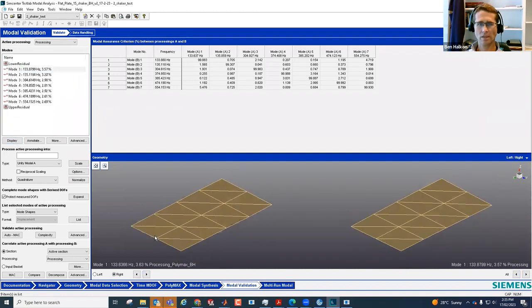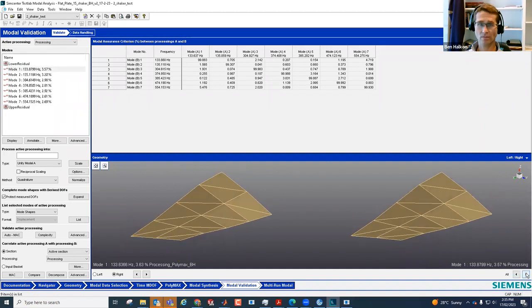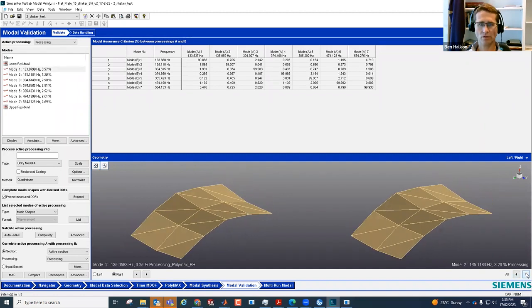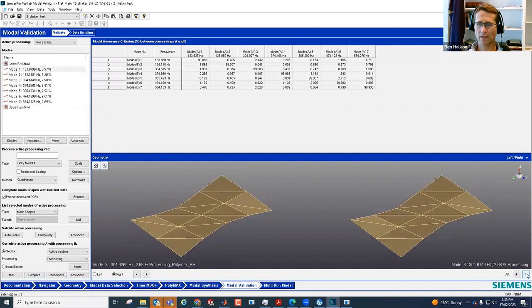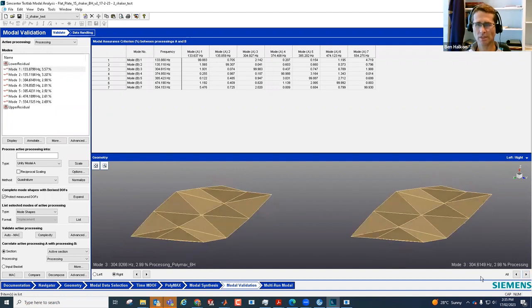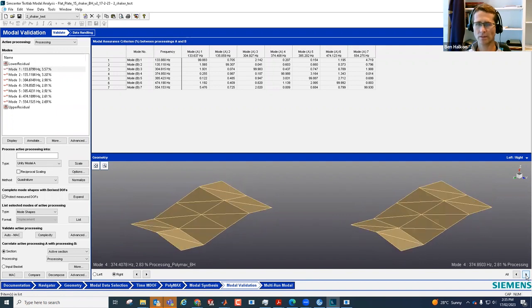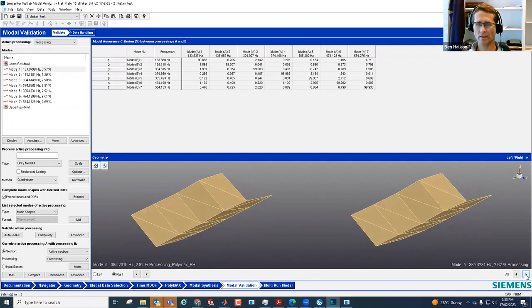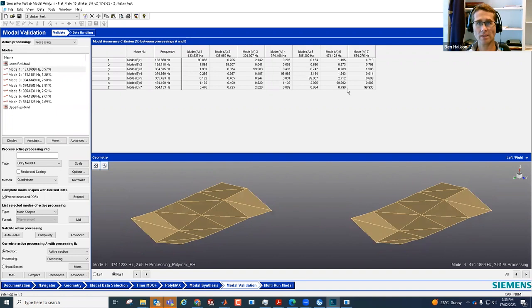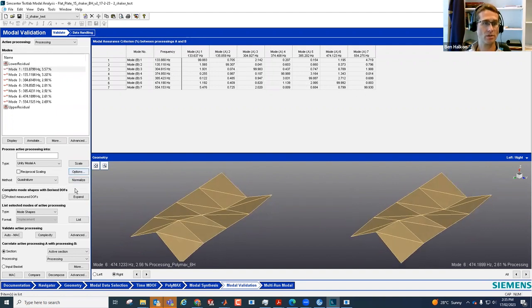And as you can see, we get good comparisons just looking at them visually, and I can scroll through them. Now taking the next mode from my processing and comparing it against the processing that was included with the project, that is a very strong comparison. And that's why we see what we see in this modal assurance criterion matrix.